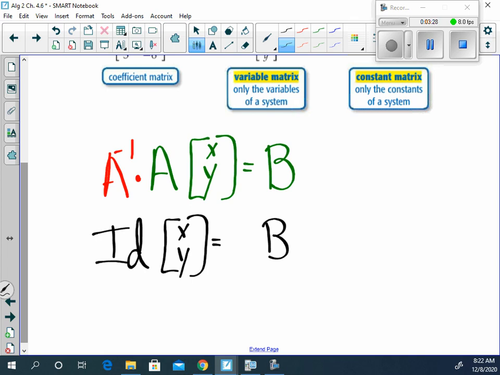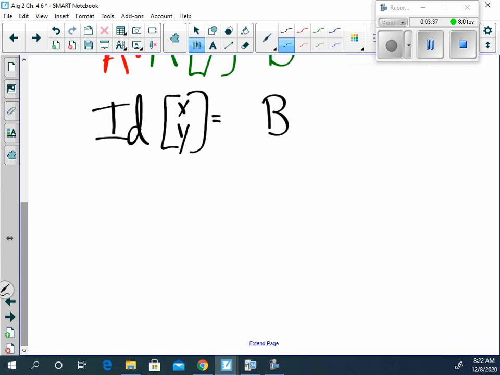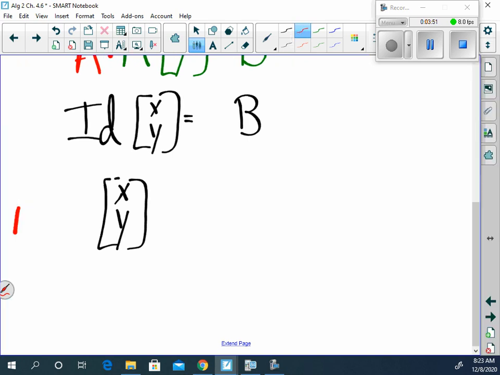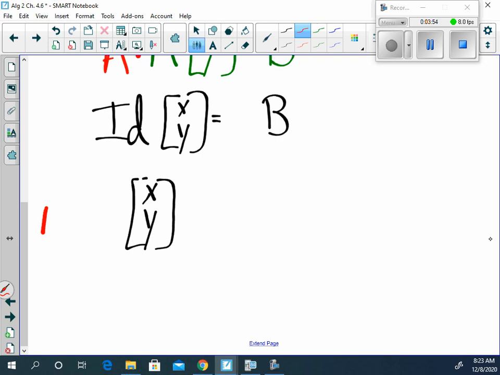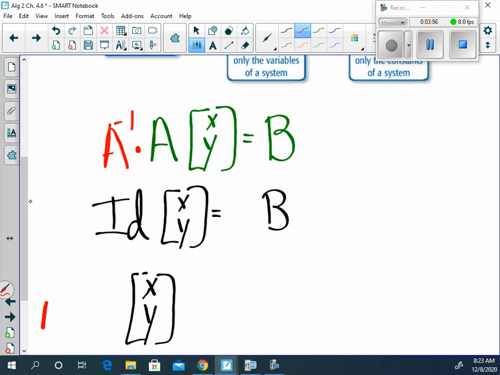And we saw that the identity matrix times anything just gave us whatever that was. So really, when I multiply this by the identity matrix, what I'm left with would just be xy. Yes? Now, when I multiply this other side, when I multiply B by the inverse, because what I do to one side I have to do to the other, does it matter which side I multiply it by?